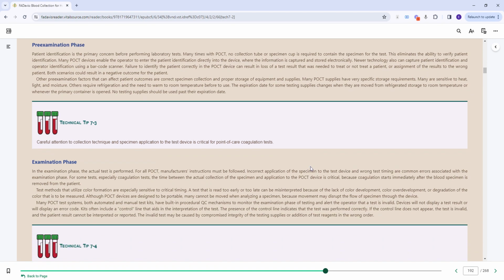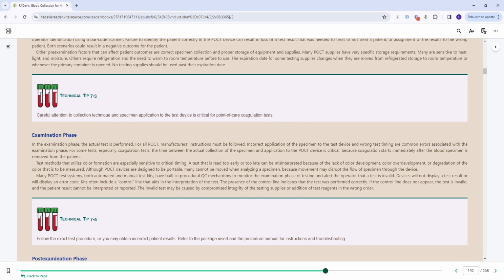During the examination phase or the analytic phase, this is the actual test being performed. You must follow the specific manufacturer's instructions. So like I alluded to, multiple manufacturers can produce the same point of care test to test for the same thing.